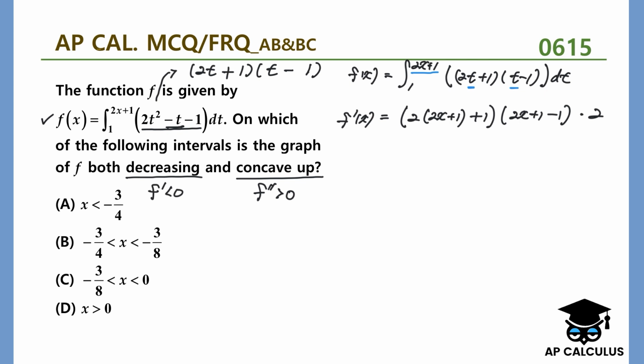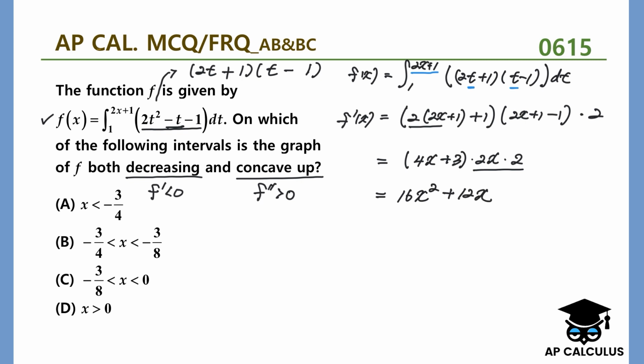So let's simplify this. That's 4x plus 2, so 4x plus 3, right? Here we have 2x, so 2x times 2. If we expand this expression, that's going to be 4x times 4x, 16x squared, and 4x times 3, that's 12x.